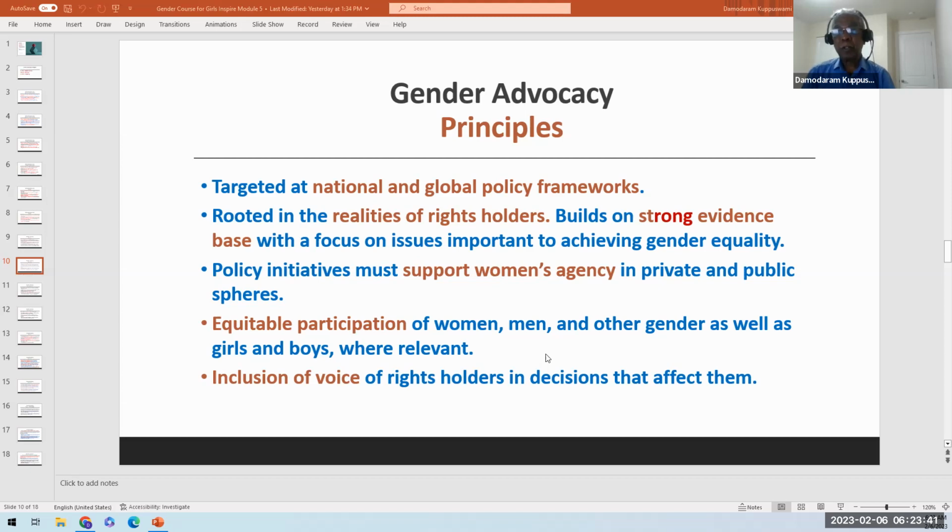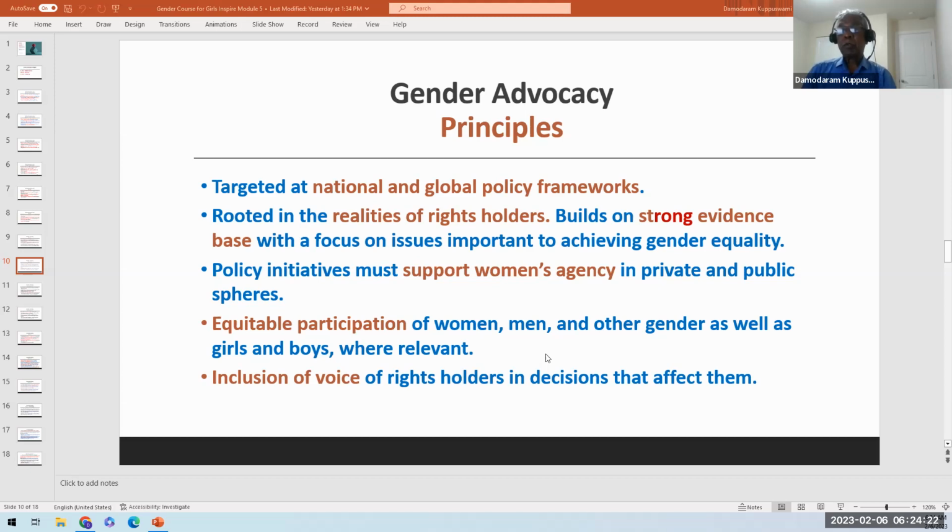So our reference is the existing national policies and frameworks. It also needs to be rooted in the reality of what exists on the ground, so it believes in providing evidence. What exists on the ground needs to be given with facts and figures, so that if we want to influence policymakers, the evidence convinces them. It makes a good appeal.